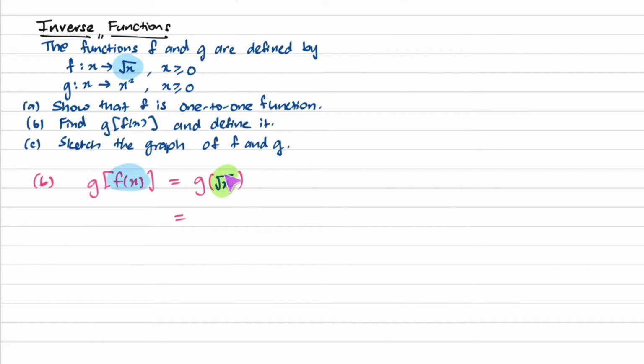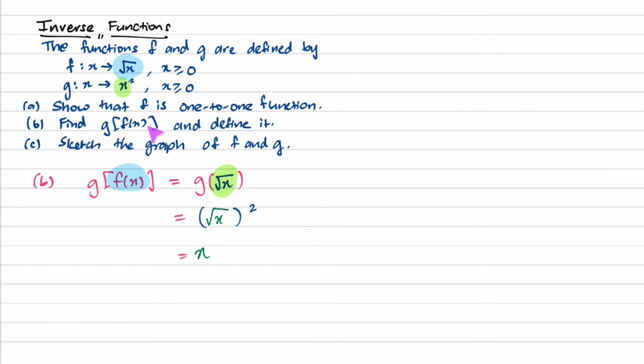Our x now has been changed to square root of x. So that means we have to write (square root of x) squared, where the squared comes from the function g, and then x has been replaced with our new function, which is surd of x. Square root meets square, then the answer is just equal to x.